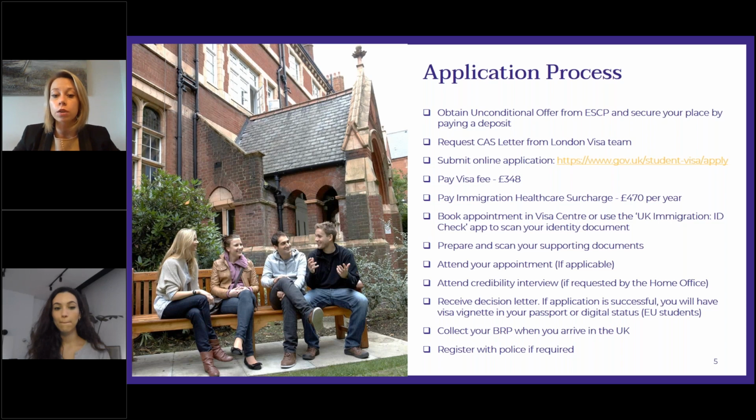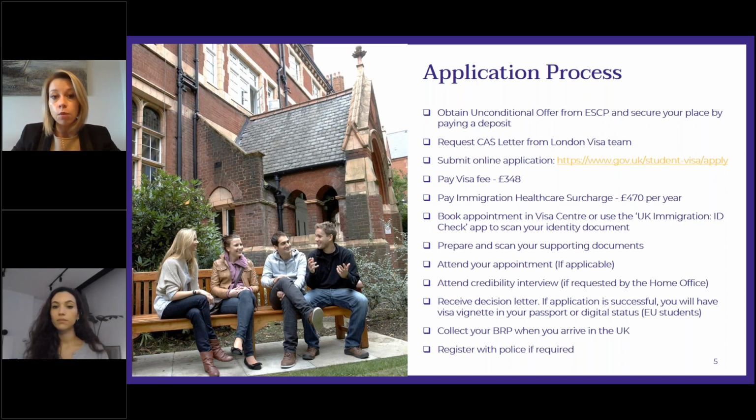After you pay the fees, some students will need to book an appointment in their local visa center. Now I'm talking about international students who are not EU students. They will need to book an appointment in the visa center in order to provide their biometrics and their passport. The system for EU students is slightly different.